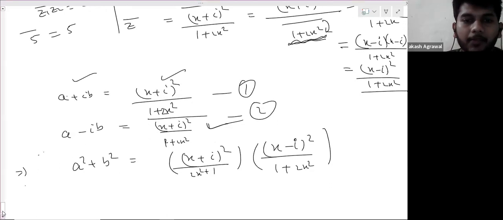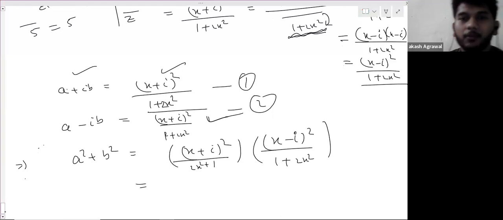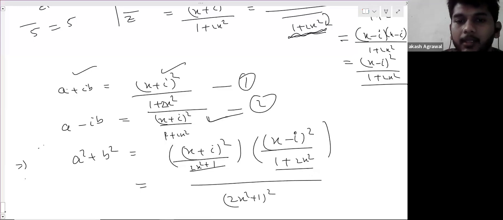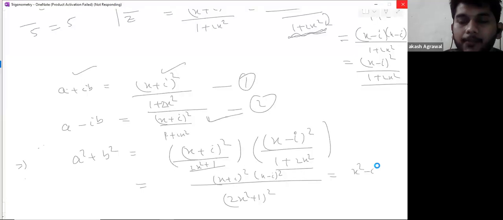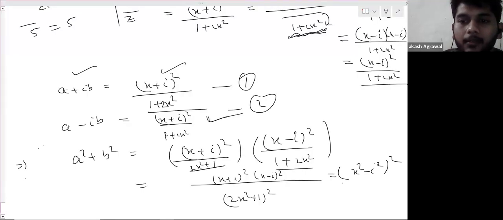Now we just need to multiply and you will get the answer. And this is one way to solve it. I will tell you the other way also. If you feel like, it has become very complicated, it's not that complicated. In the numerator, the multiplication is very simple. This is 1 plus 2x square whole square. In the denominator, this is (x plus i) whole square into (x minus i) whole square. So can I write this as (x square minus i square) whole square upon (2x square plus 1) whole square. i square is minus 1.